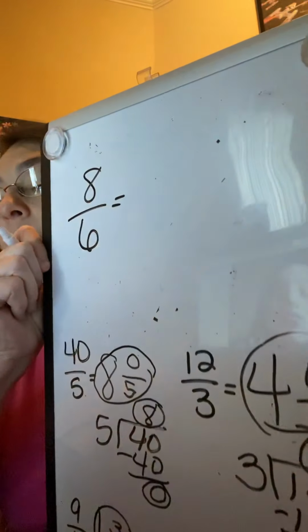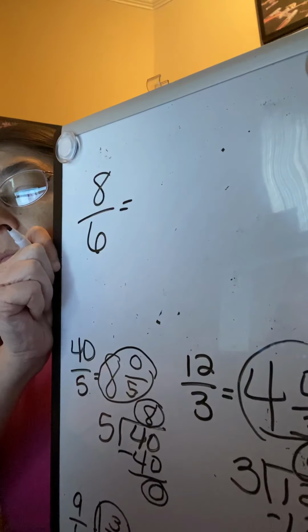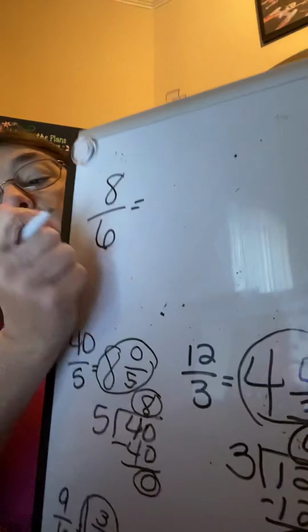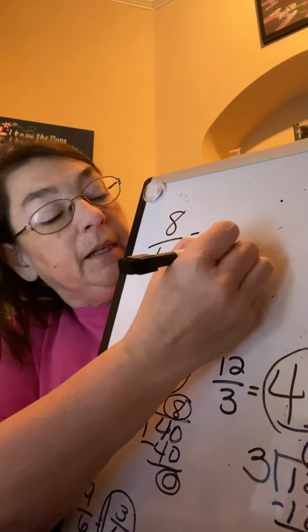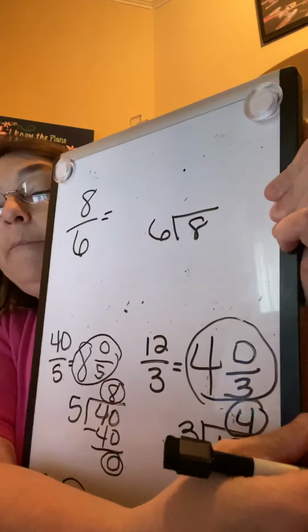So, if I have 8 over 6, Anna Paula, I divide the 6 into the 8. You got that part, right?